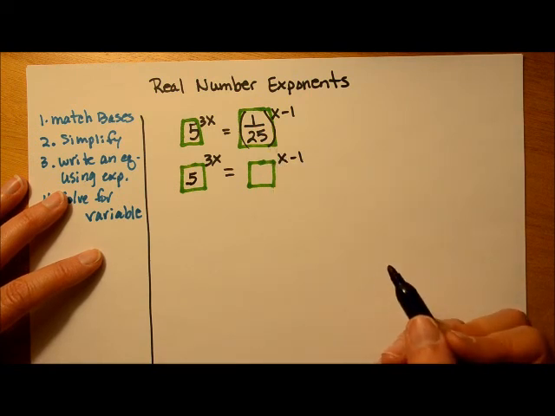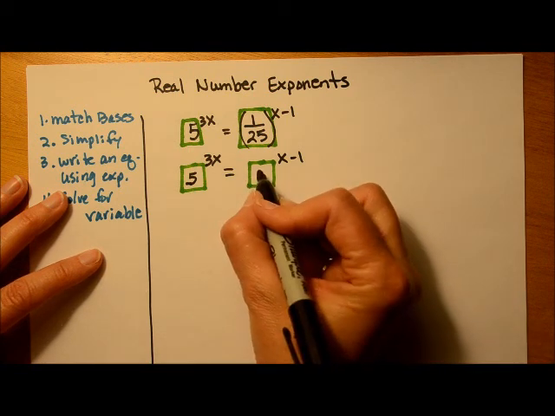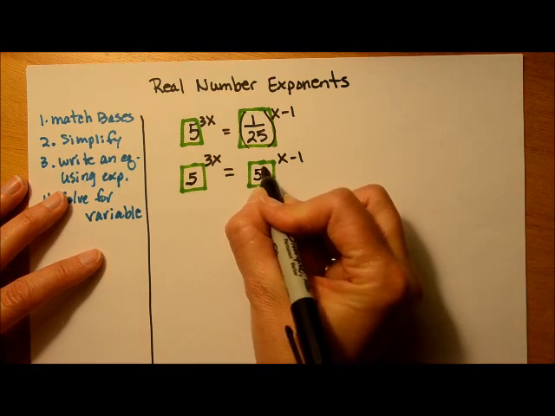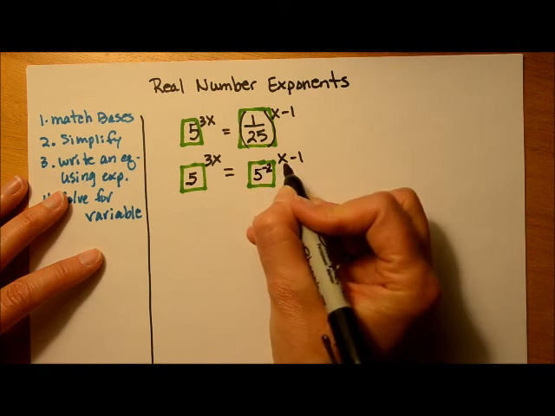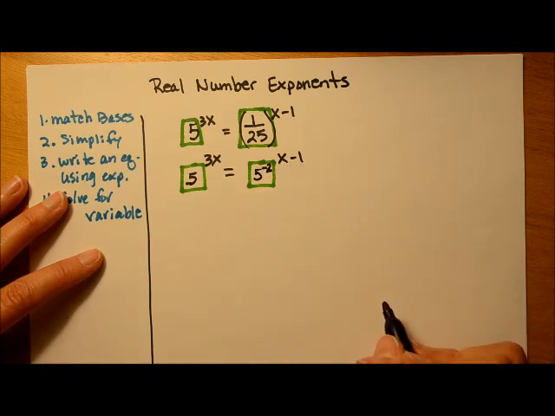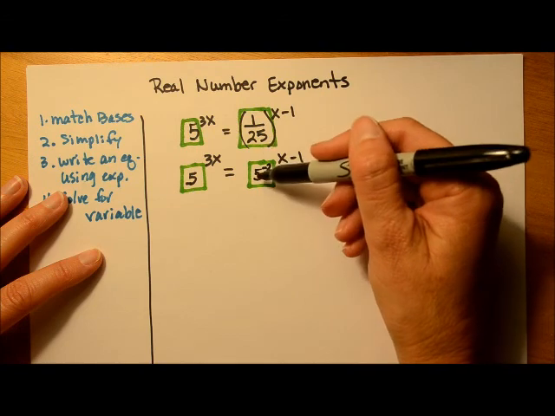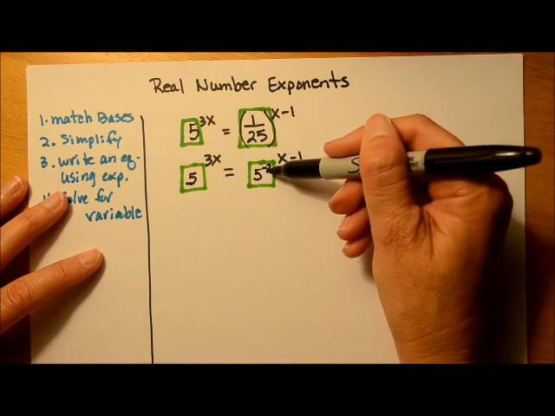This one I'm going to have to change. 1 over 25. 1 over 25 is 1 over 5 squared, but that's not good enough. I need the 5 in the numerator, so it would be 5 to the negative second. Okay, so 1 over 25 is 5 to the negative second, right?